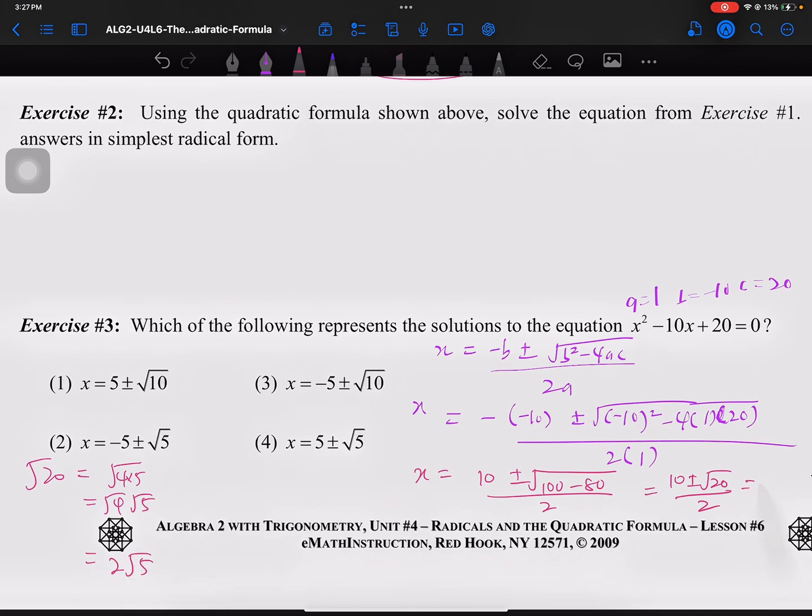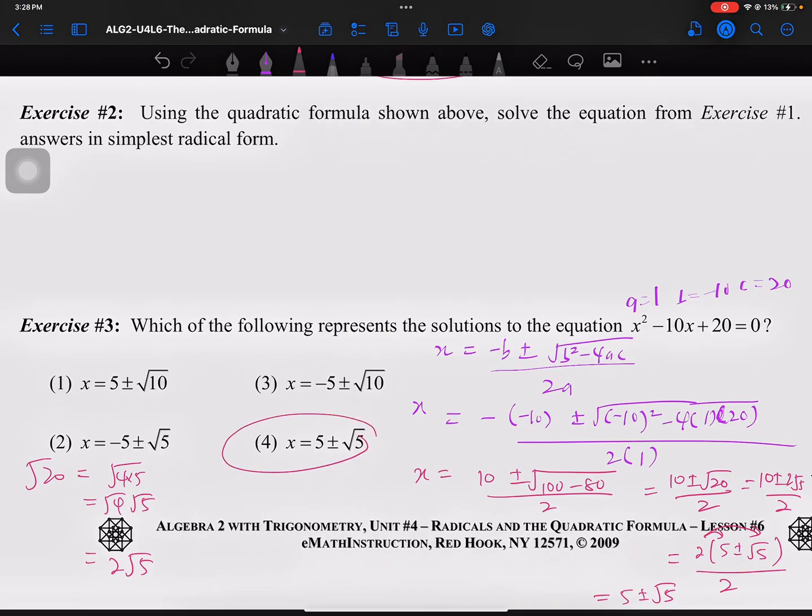So here you will get 10 plus minus 2 root 5 over 2. Then factor out 2: 2 times 5 plus minus root 5. Remember, when you take out a factor, you need to make sure that when you multiply again, you get the same expression. So 2 divided by 2, and we get 5 plus minus root 5. So the answer should be option 4. The solution set is x equal to 5 plus root 5 and x equal to 5 minus root 5.